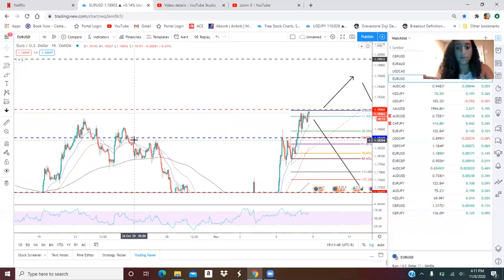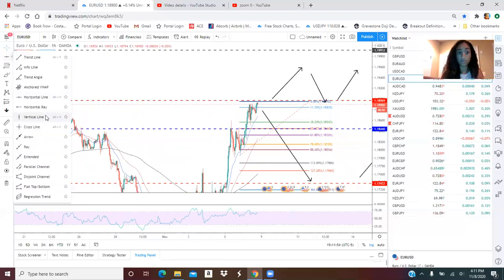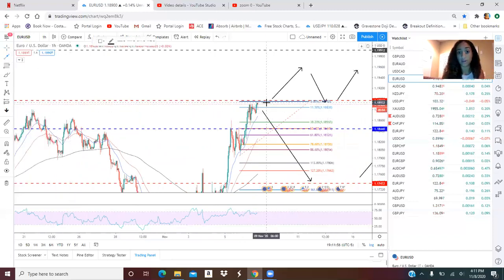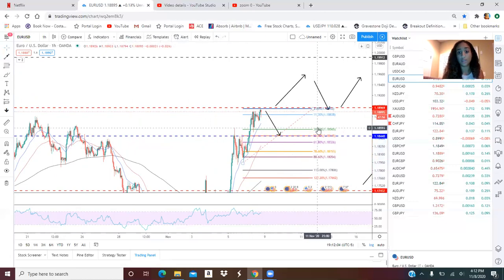So it's been support. We could wait for price, if price does come back down to this zone. If you want to get into the market sooner, you could wait for a reaction off of this level. It just depends on what type of trader you are, how you like to do your thing.